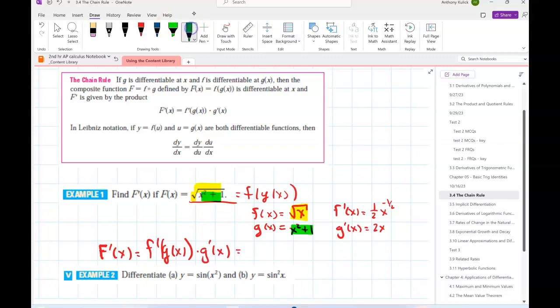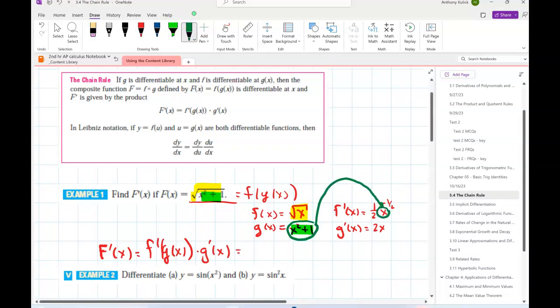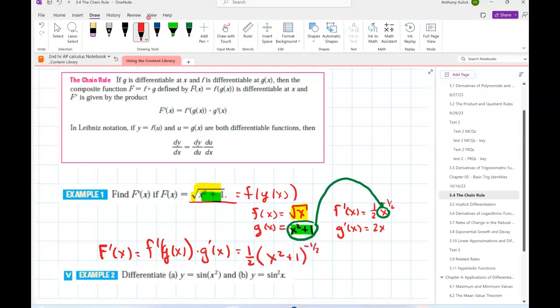So I'm going to be taking my g and plugging it into the x in f prime. That'll give me f prime of g of x, like a function composition. And then times g prime of x.